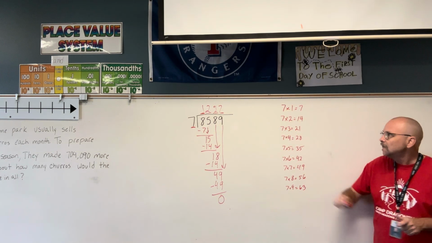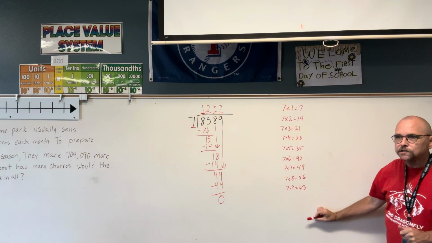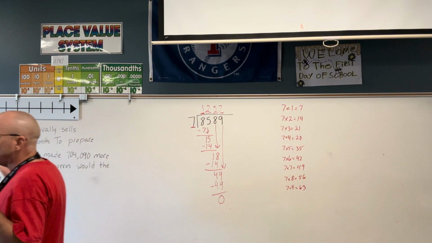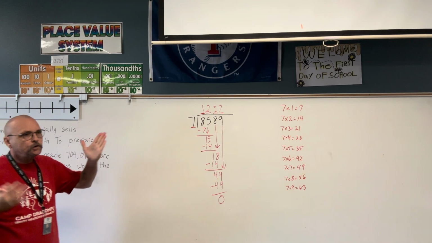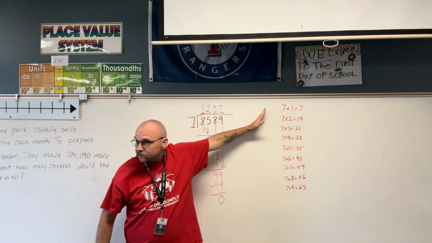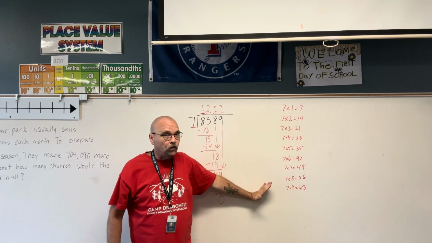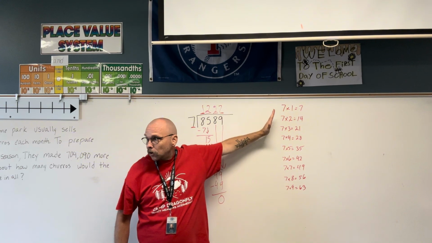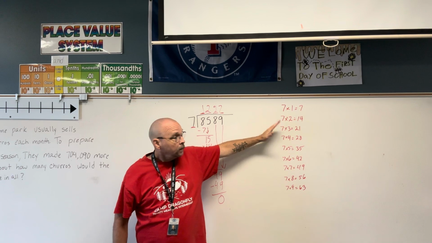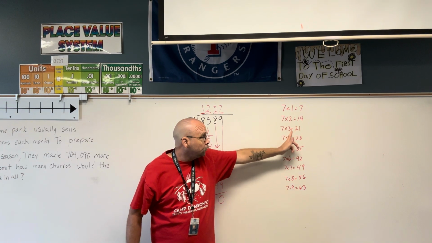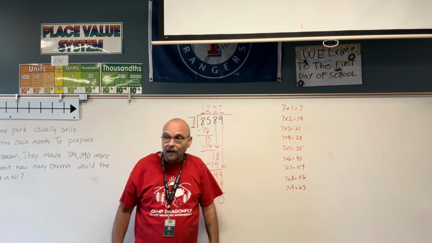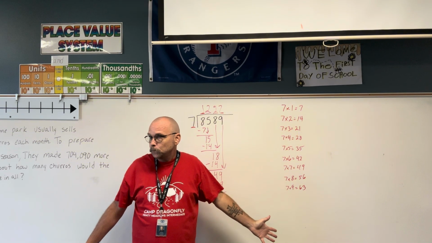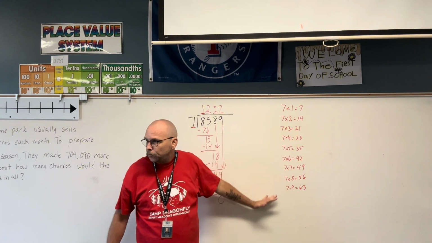I have none left. If you write your multiples of your divisor, it's not going to be an issue to divide. Once you have them, this is the hardest part of dividing. Writing down your multiplication. So multiplication is the most difficult part of dividing. But if you can multiply times 1, 2, 3, 4, 5, 6, 7, 8, 9, then there's nothing difficult about dividing. But you've got to be willing to put in the work.